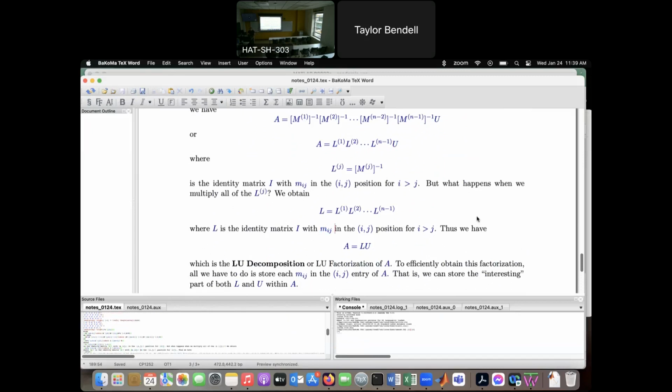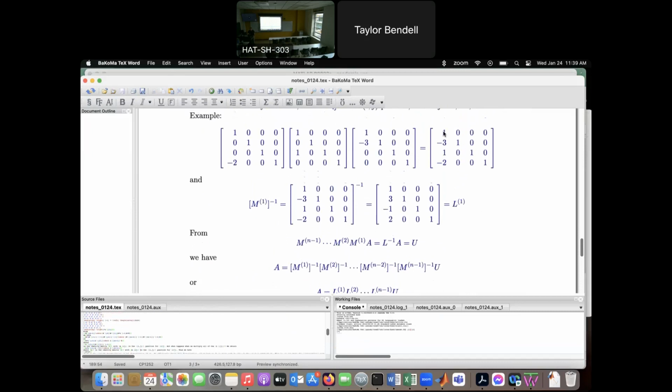So in other words, if I have this matrix, the inverse for column 1 where the multipliers are no longer negated, and I multiply by the matrix for column 2, it's just going to take all the multipliers and stack them next to each other.